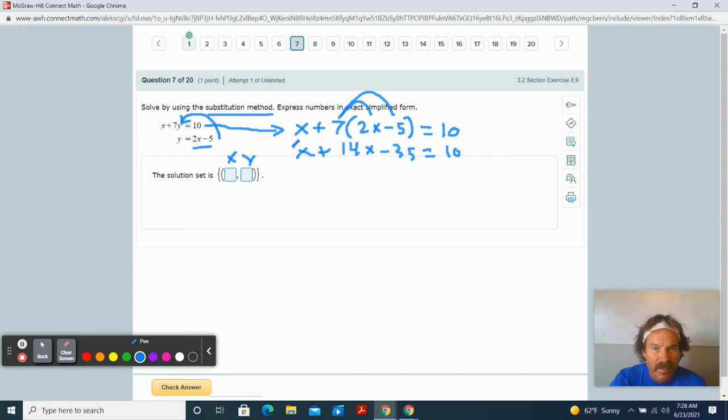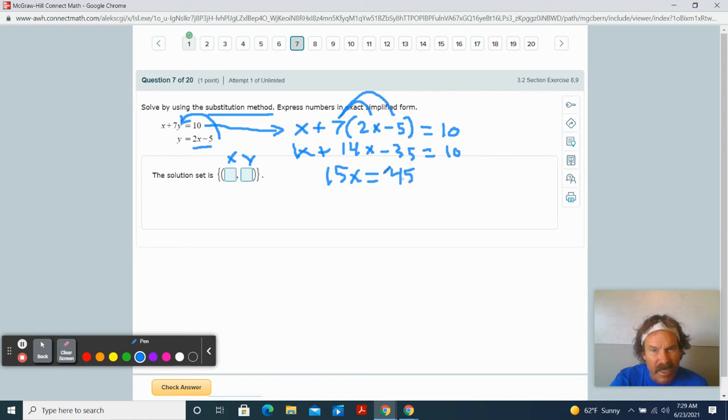This is a 1x, so 1x plus 14x, I can combine those two. That's 15x. I can go ahead and move that 35 over to the other side. If I add 35 to both sides, I get 45.